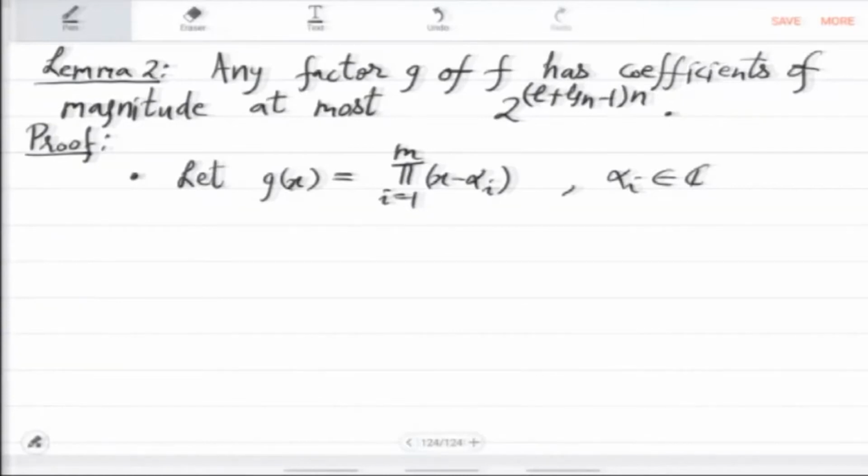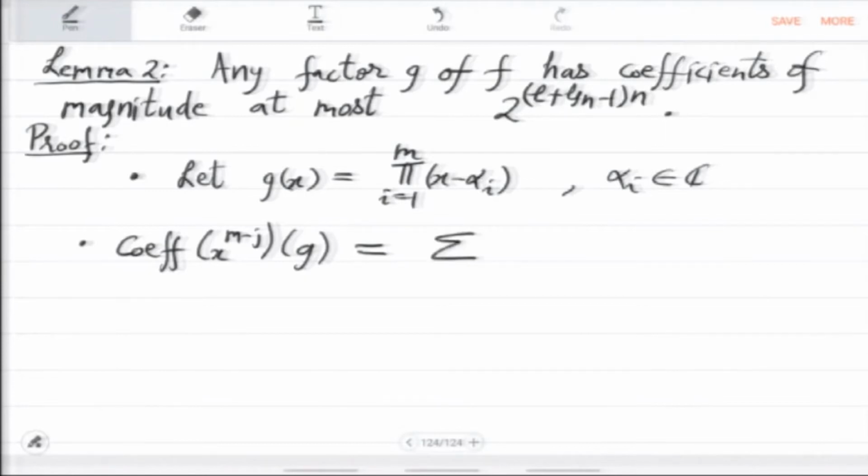So consider this g(x), look at the coefficient of x to the m minus j in g. This is like picking j of these alphas and summing up.